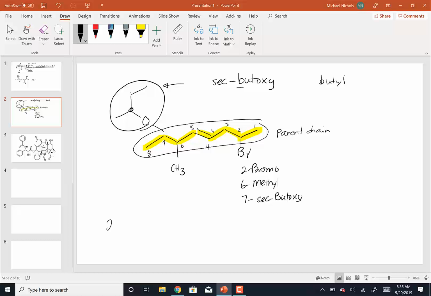So this would be 2-bromo, 7-sec-butoxy, 6-methyl, oct-4-ene.